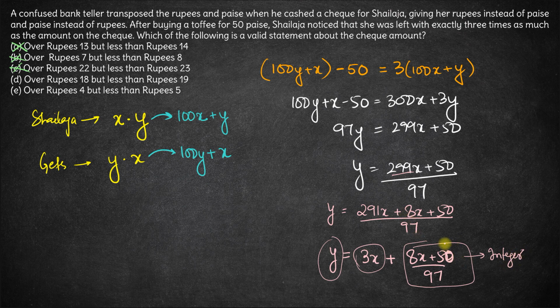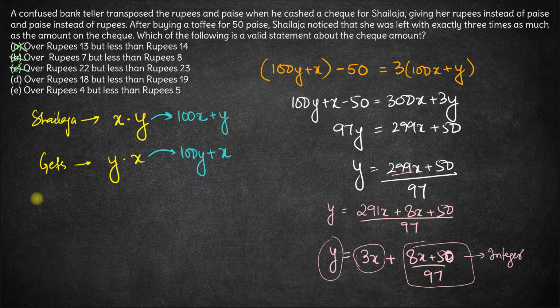That's why I was breaking it like this. So we need to choose an option for which 8x plus 50 by 97 comes out to be an integer, right?